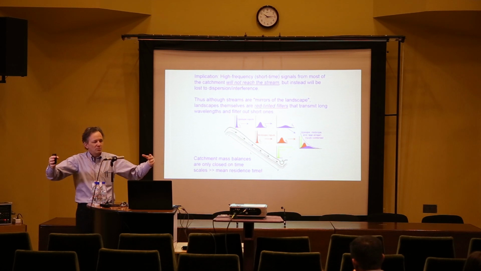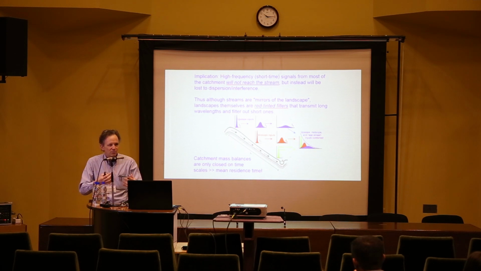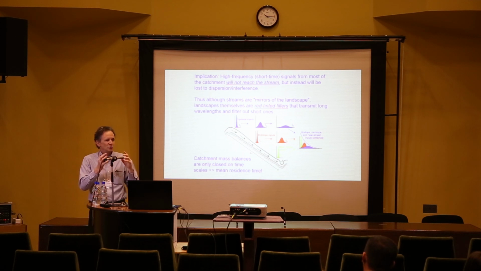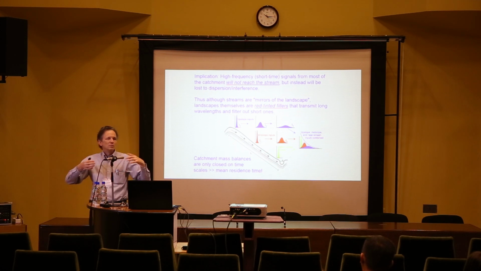So streams may be mirrors of the landscape, but the landscape itself is a red filter that tends to filter out the high-frequency behavior that is coming from, particularly from far away from the stream channel.